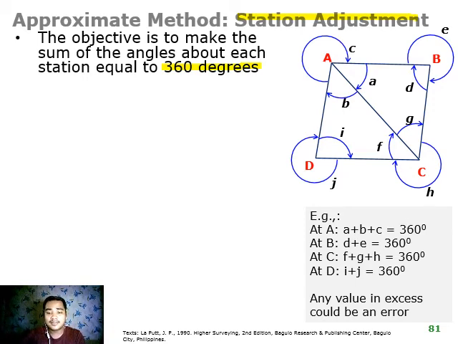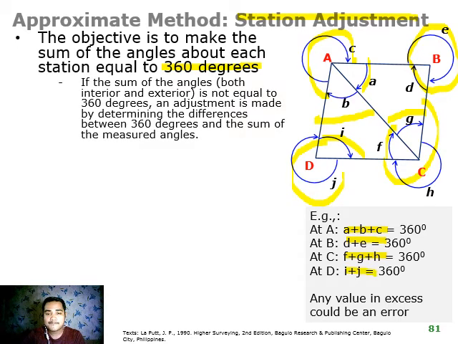For example, at station A, angles A, B, and C must equal 360. At B there are D and E, and at C there are F, G, and H. They must be 360. And at station D, I and J must be 360.